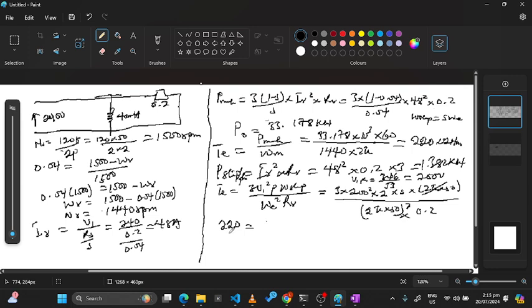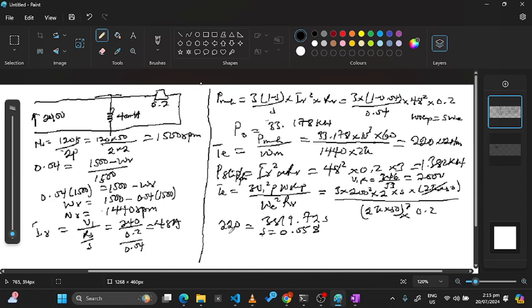Okay, so this should give me 220 equal to 3819.72 S. So then my slip should now be equal to this divided by this, so 220 divided by whatever we have there. And this is going to give us 0.058. Okay, so this is now our slip.